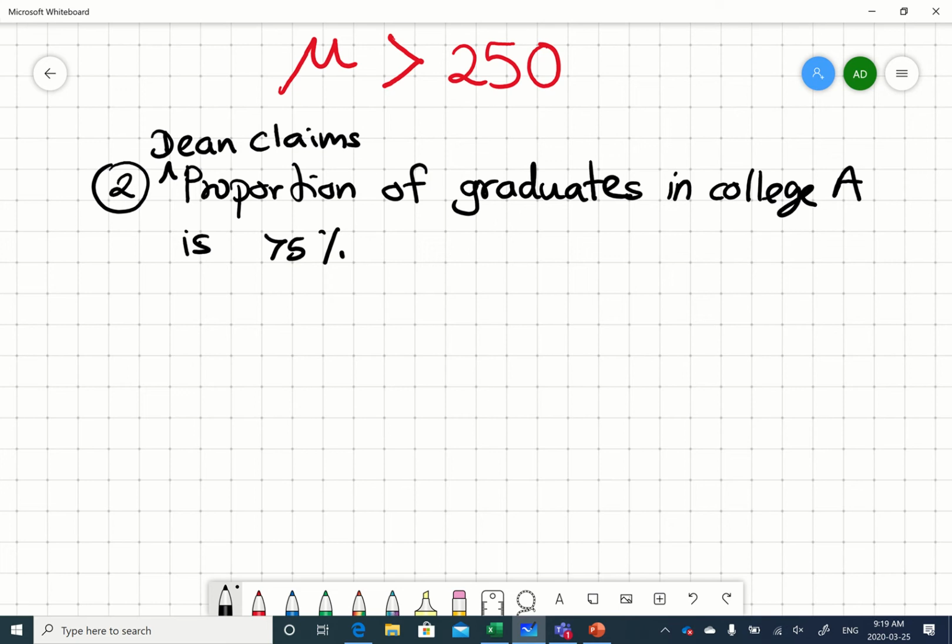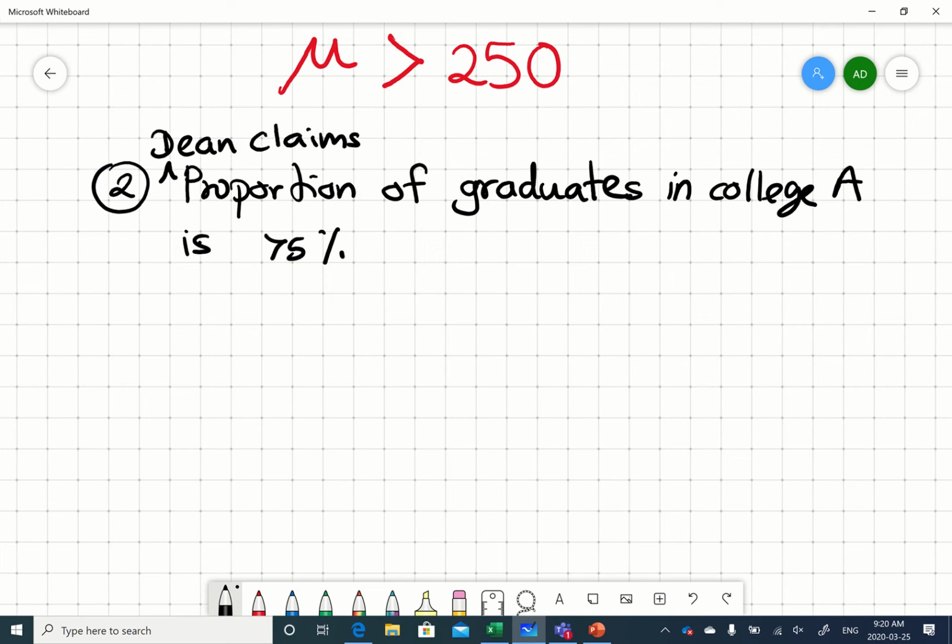So what is the basis of this statement? Is this actually true? We don't know, because this talks about the population proportion, right? This talks about the proportion of all graduates so far from this college.